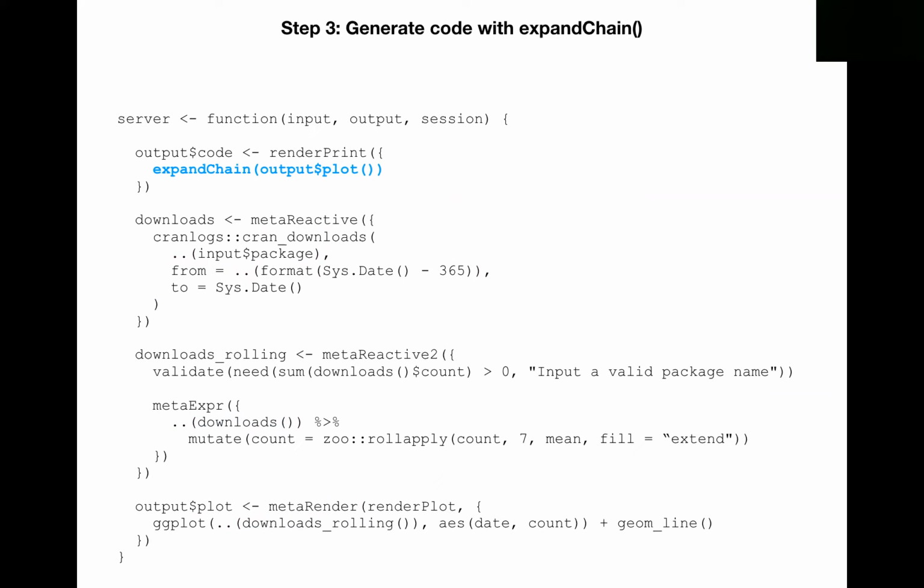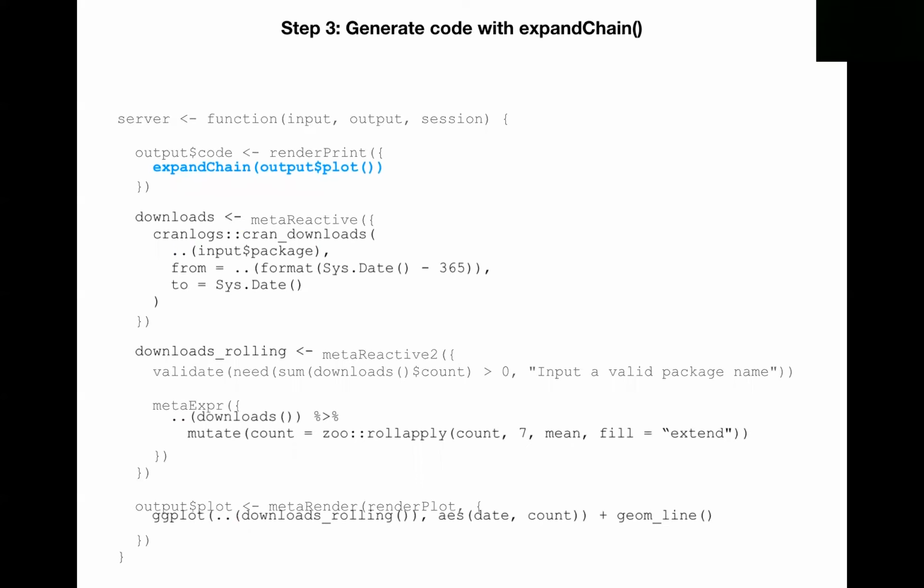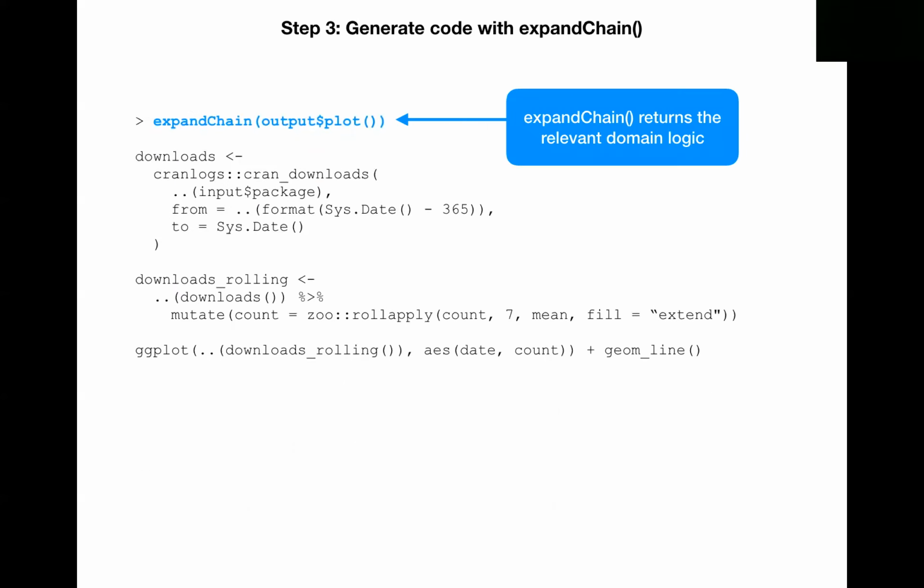So be aware that this might change, but the idea is you give a function like expand chain an output or a value even. You could invoke a reactive expression with expand chain. And when you call that function, it's going to return all the relevant domain logic that you've captured in order to get to that specific output or specific value.